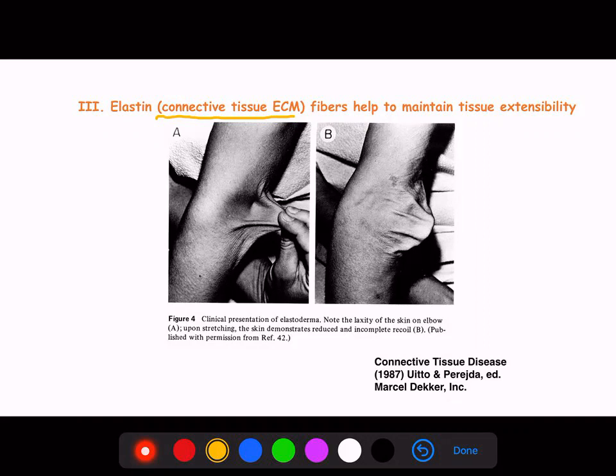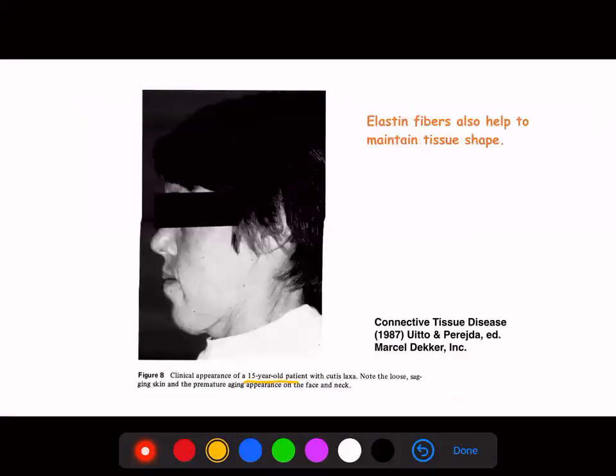I think at this point you need to just push this bump back, and then it may go back to the original position. So that is coming from elastic fiber. So this is a patient here, the clinical appearance of a 15-year-old boy, okay, right, with cutis laxa. So that is the elastin fiber defect.